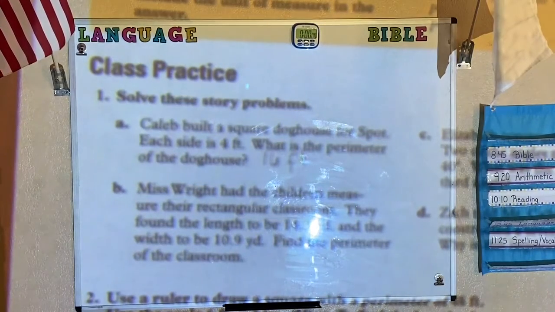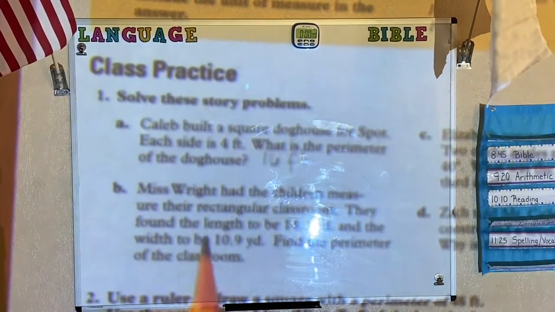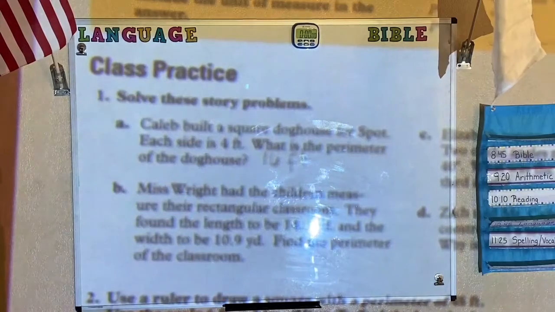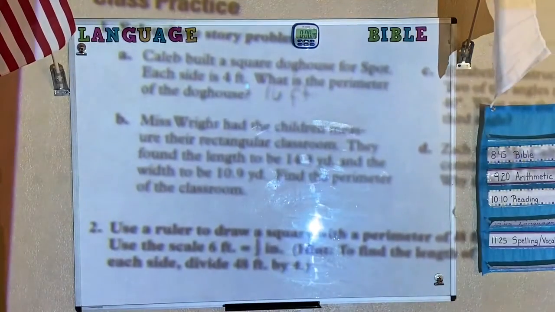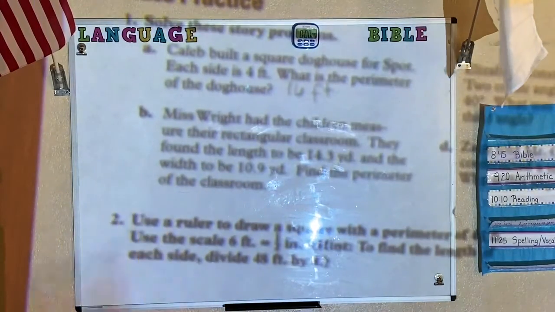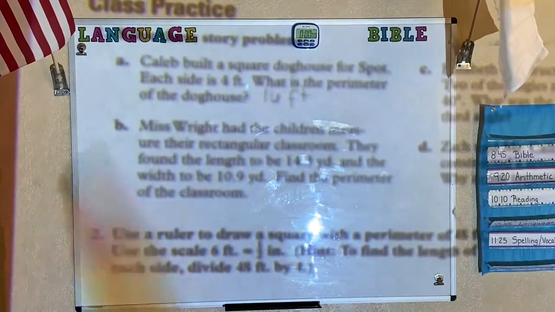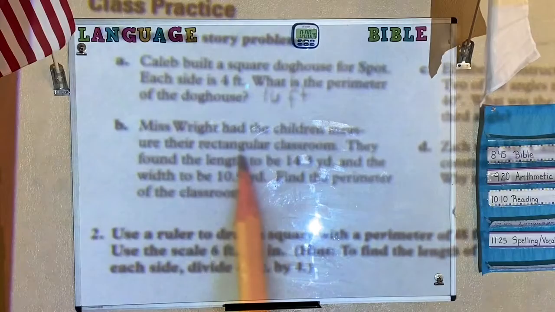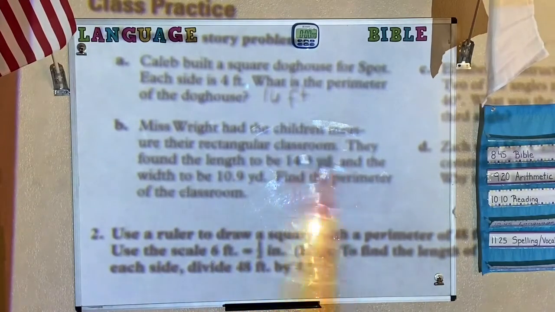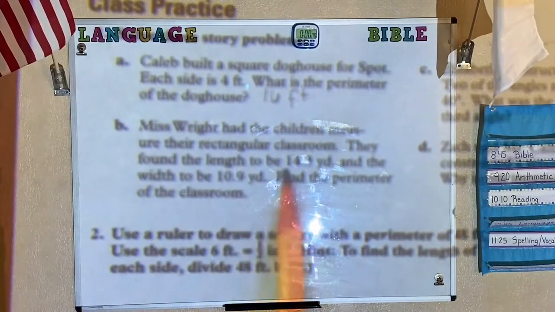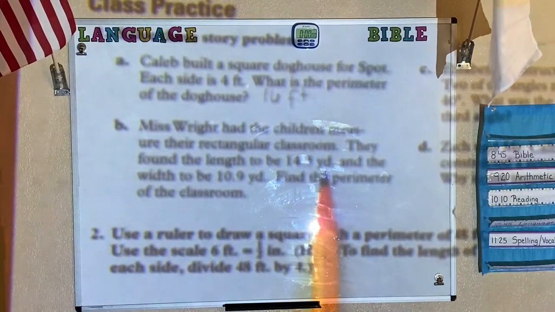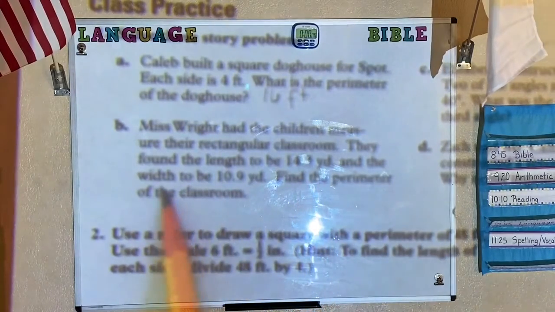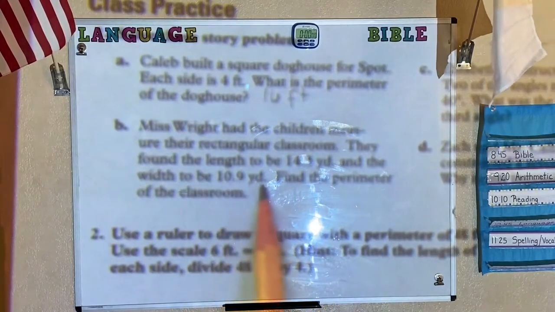On letter B, make sure that you can see that. Miss Wright had the children measure their rectangular classroom. They found the length to be 14.3 yards and the width to be 10.9 yards.